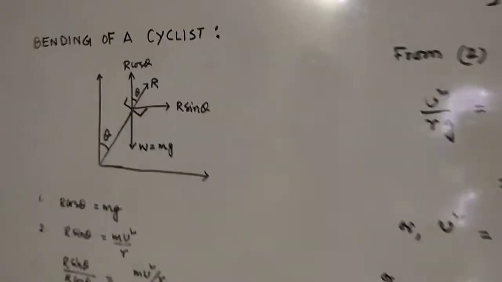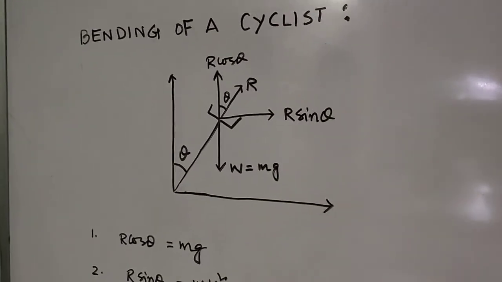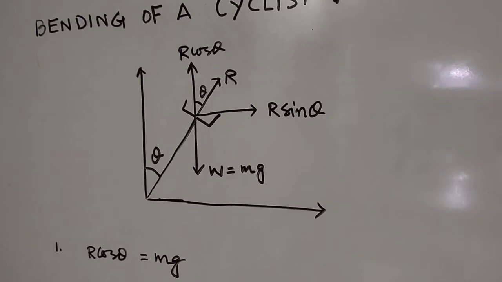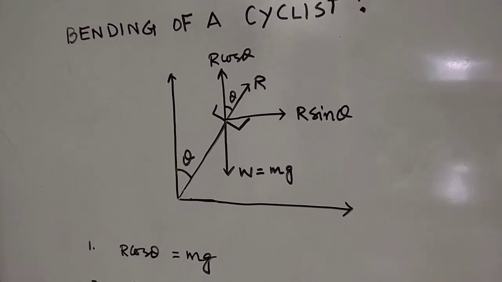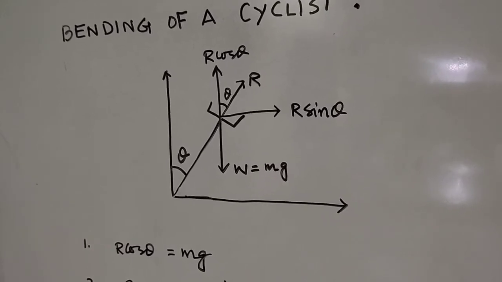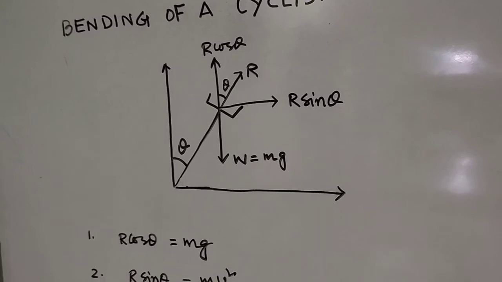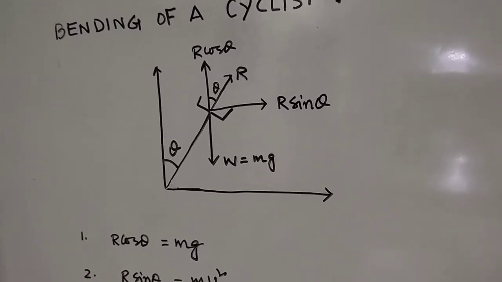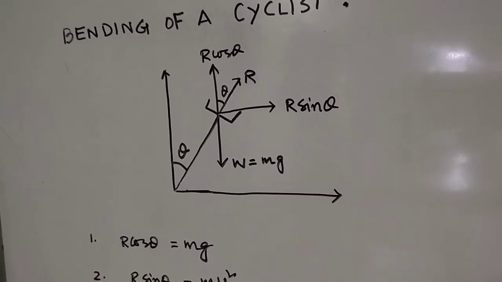Now next topic which we are going to define is your bending of a cyclist. Now you see this is your bicycle rider who makes an angle theta with the vertical, and R is normal to the surface of the person who is riding, or normal to the bicycle itself.